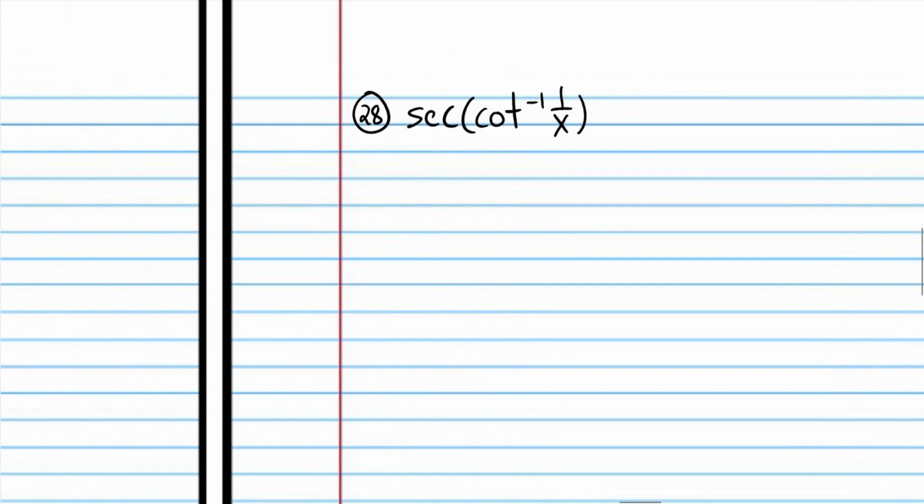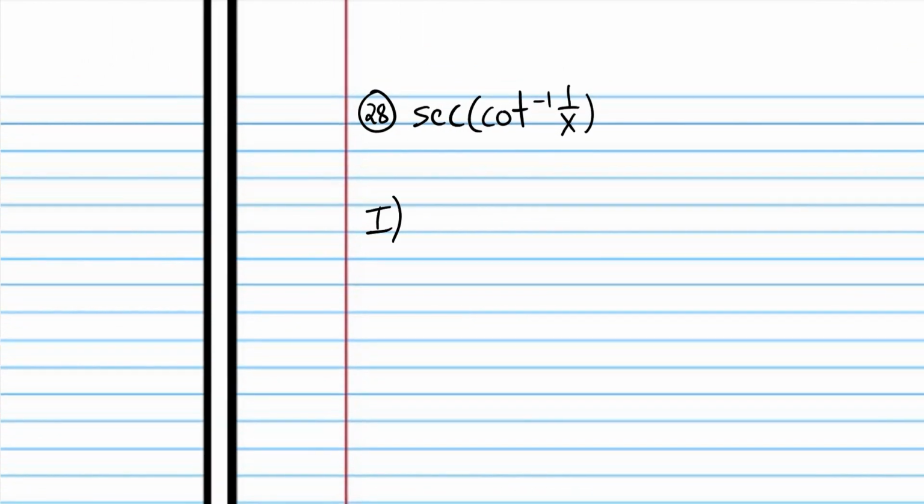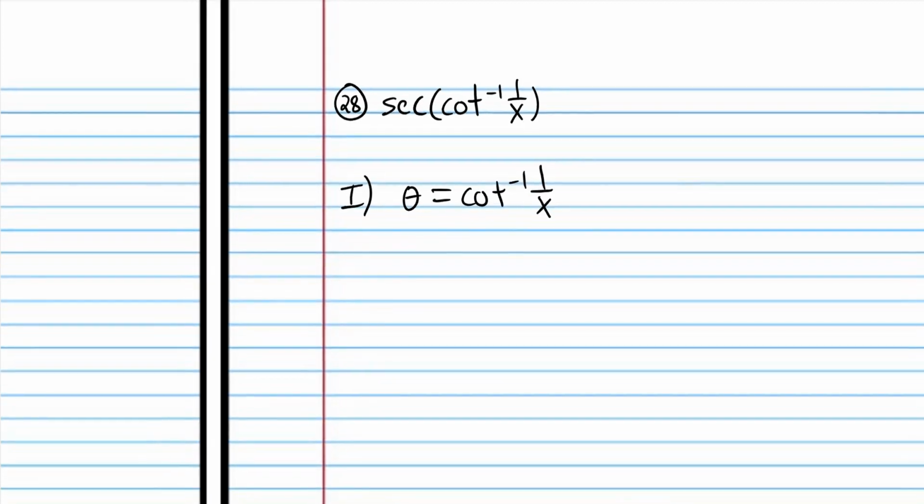Okay, we're back. So, as usual, we're going to set cotangent inverse of 1 over x to theta. And by definition, if that's true, then cotangent theta is equal to 1 over x.